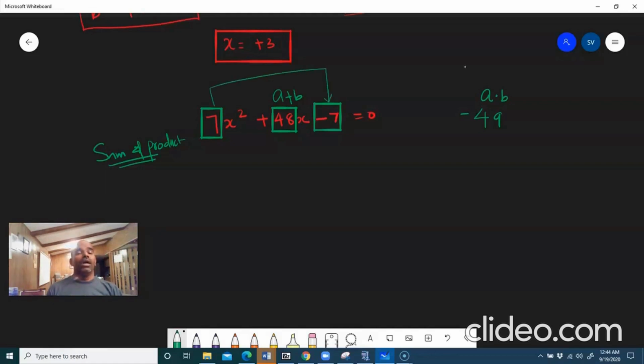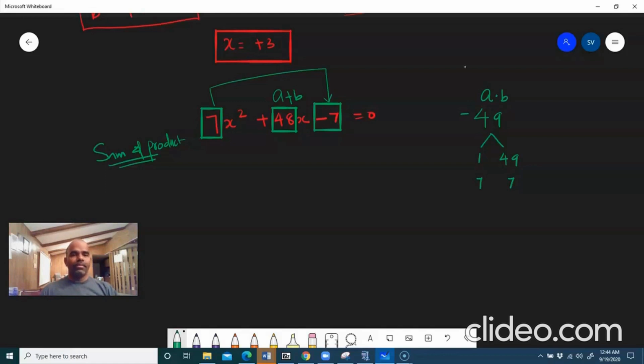Factorize this 49. Which are the factors of 49? We don't need to consider this sign right now, but we will consider it later, just after this factorization. So what are the factors of 49? 1 and 49, and 7. Yes, those are the factors of 49.